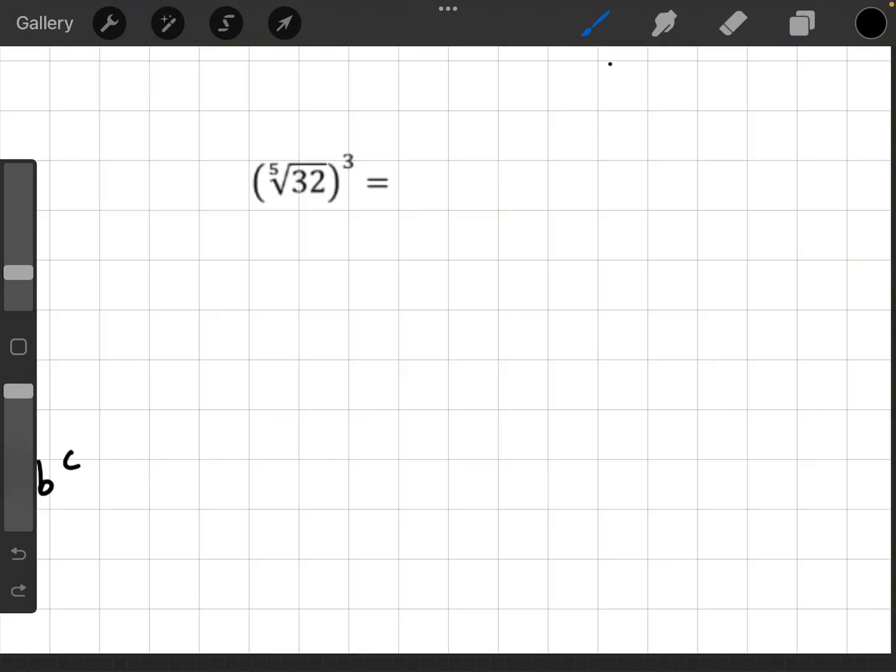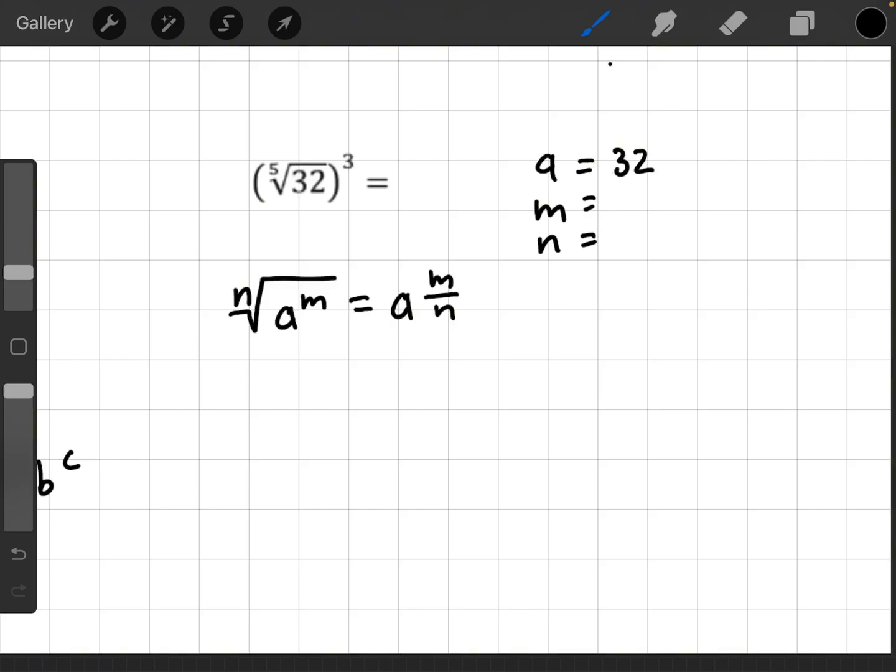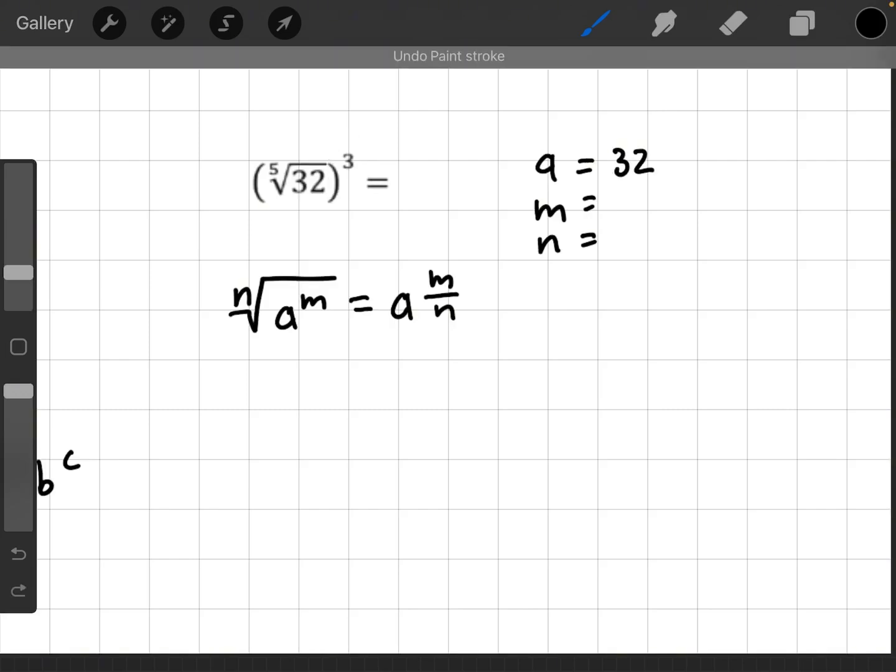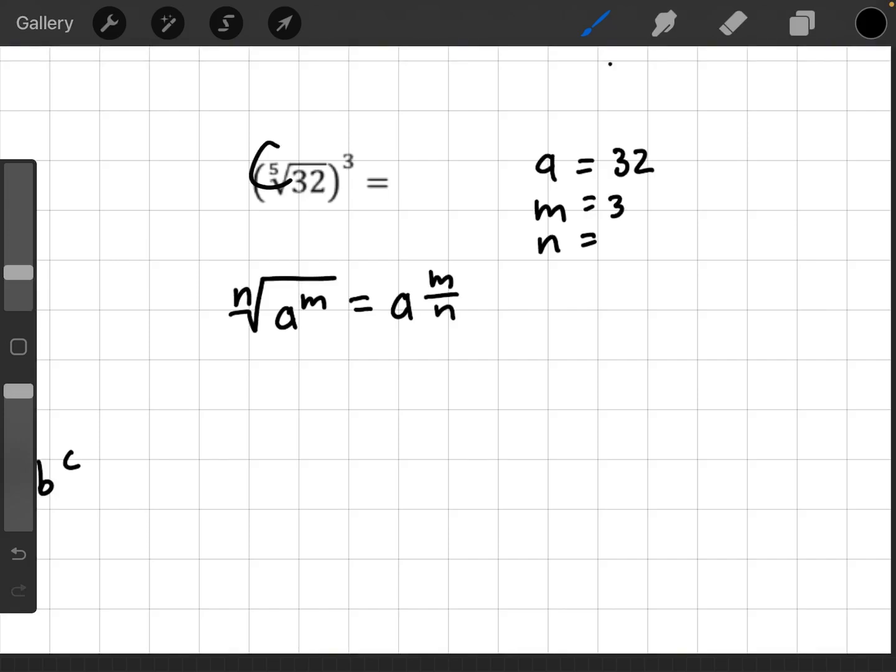So for our last example, we'll apply the rule nth root of a to the power of m equals a to the power of m over n. Here we can set our values of a, m, and n. We know our a value is going to be 32, the m will be 3, and the n will be 5.